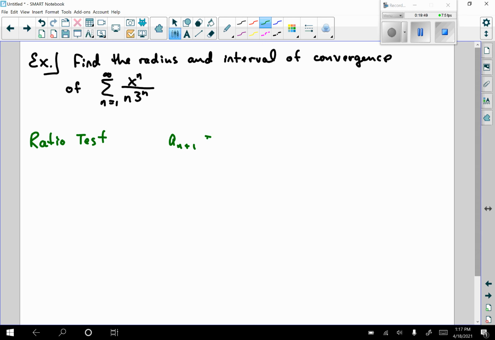A sub n plus 1 becomes x to the n plus 1 over the quantity n plus 1 times 3 to the n plus 1, and a sub n is just equal to x to the nth power over n times 3 to the n.